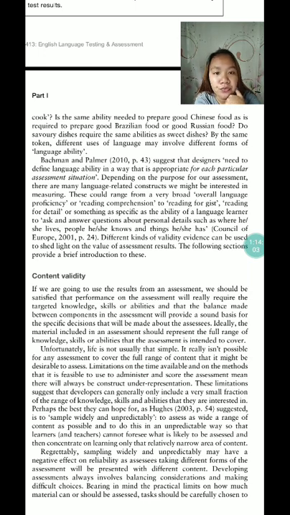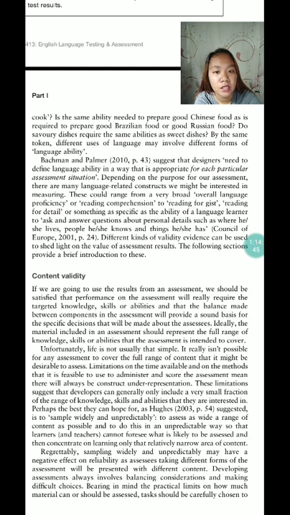This could range from a very broad overall language proficiency or reading comprehension, to reading for gist, reading for details, or something as specific as the ability of a language learner to ask and answer questions about personal details such as where he or she lives, people he or she knows, and things he or she has (Council of Europe, 2001).